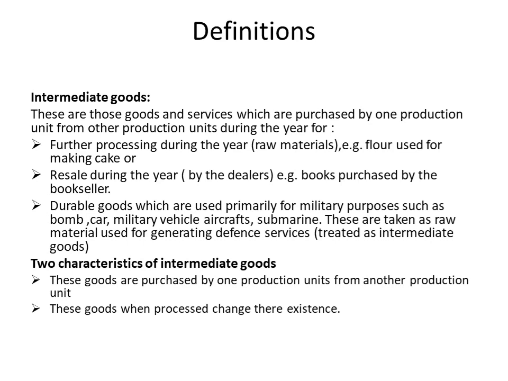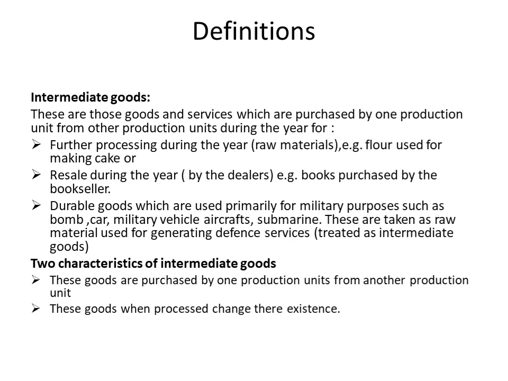Next, if we purchase a product to resell it, for example car dealers purchasing cars to resell, then it will be intermediate goods. If books are purchased by the bookseller, then it will be intermediate goods. Then next is durable goods.